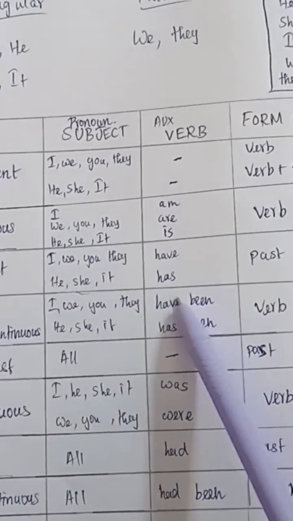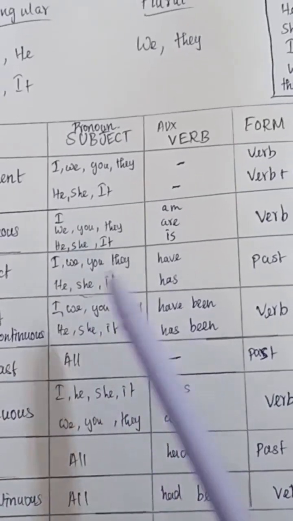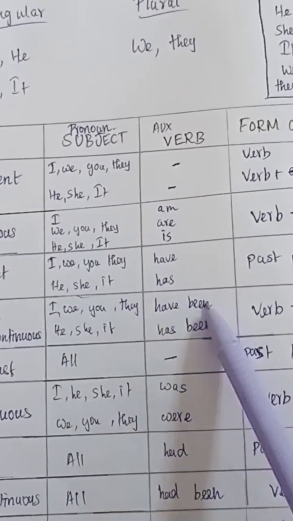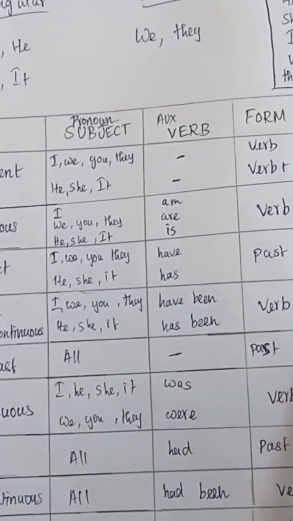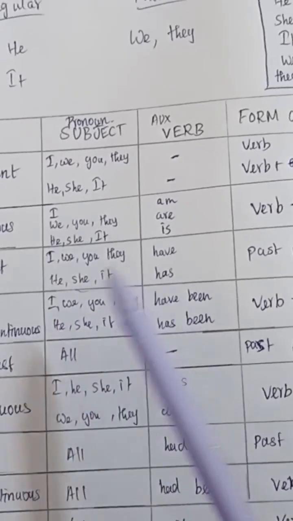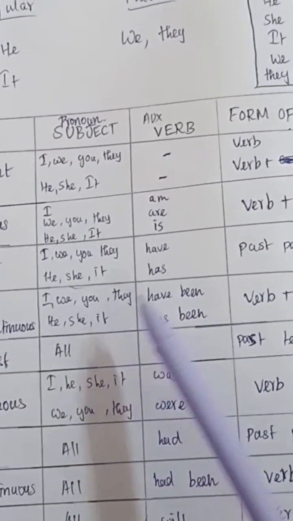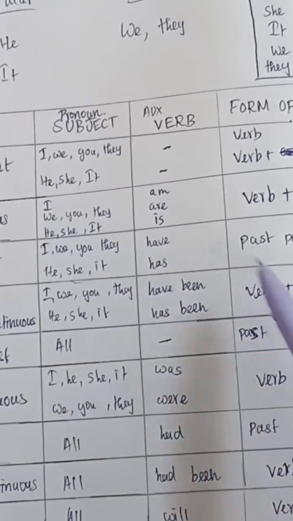So I have been writing, we have been writing, you have been writing, they have been writing. Next again for he, she, it: he has been writing, she has been writing, it has been writing.